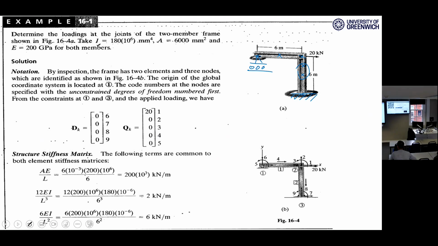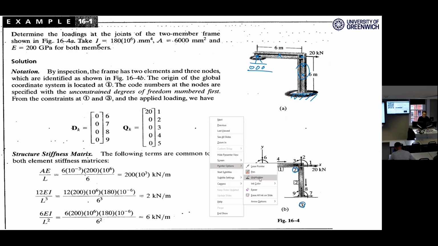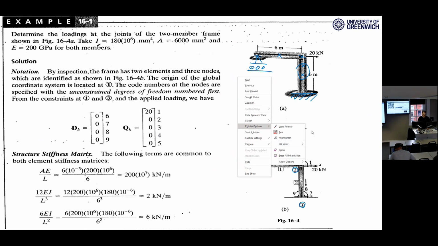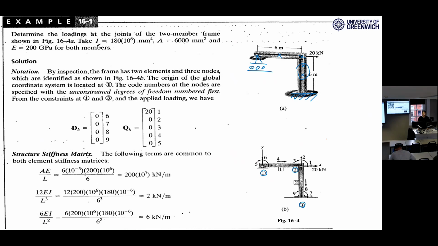So these are node numbers. 1, 2, 3. The blue ones are node numbers. And this is arbitrary based on you, whatever sequence you like, you're more than welcome to number your nodes 1, 2, 3.